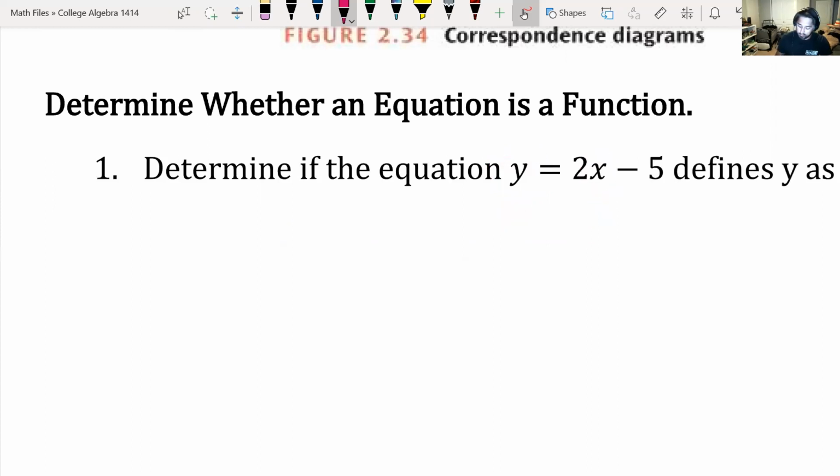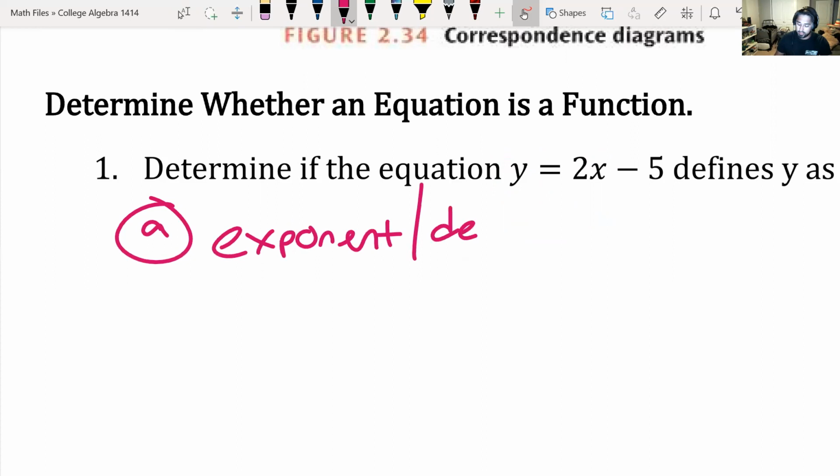So that's one way to look at it. You can look at the exponent or degree of y. It doesn't matter the degree of x. We can put whatever we want in as long as there's one input and one output. That's what we're looking for. Okay. So we've looked at the exponent and degree and have verified, yes, this is a function.